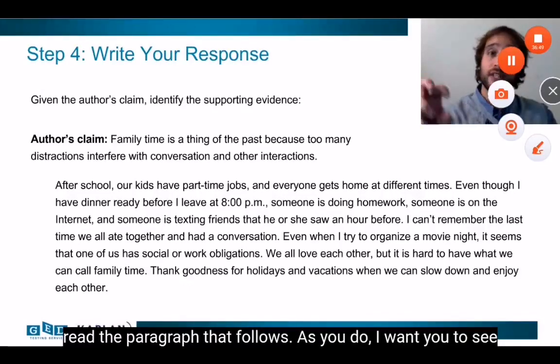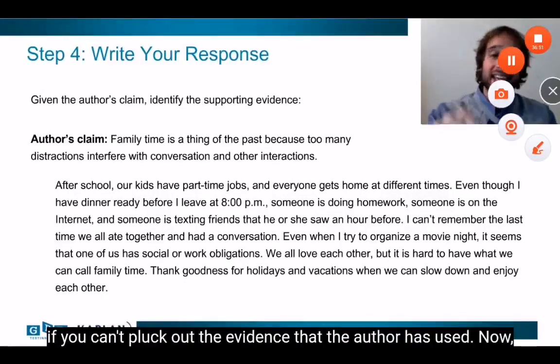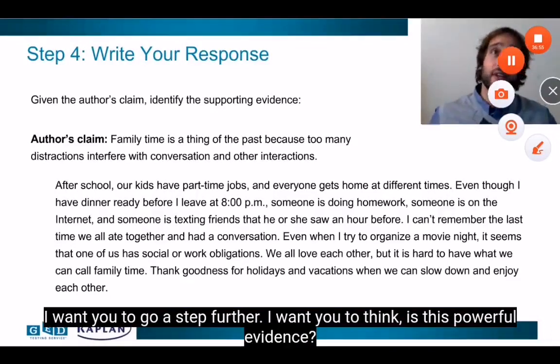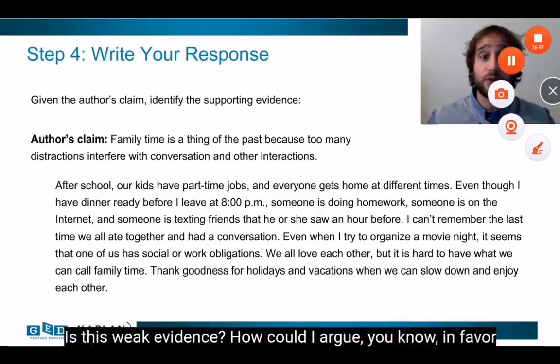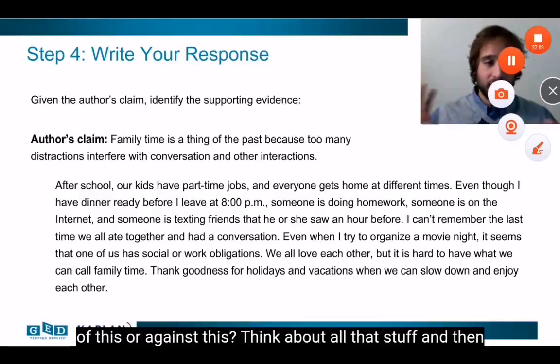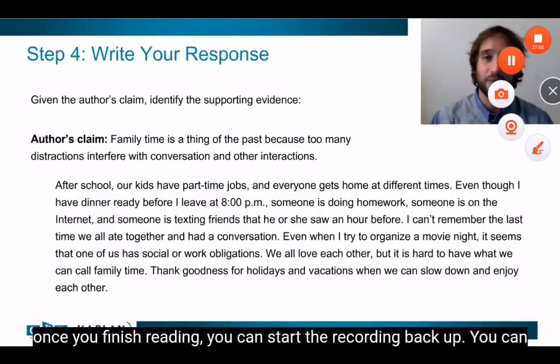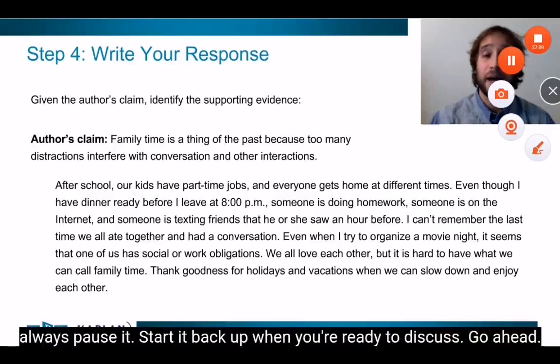As you do, I want you to see if you can't pluck out the evidence that the author has used. And I want you to go a step further. I want you to think, is this powerful evidence? Is this weak evidence? How could I argue in favor of this or against this? Think about all that stuff, and then once you finish reading, you can start the recording back up. You can always pause it. Start it back up when you're ready to discuss. Go ahead.